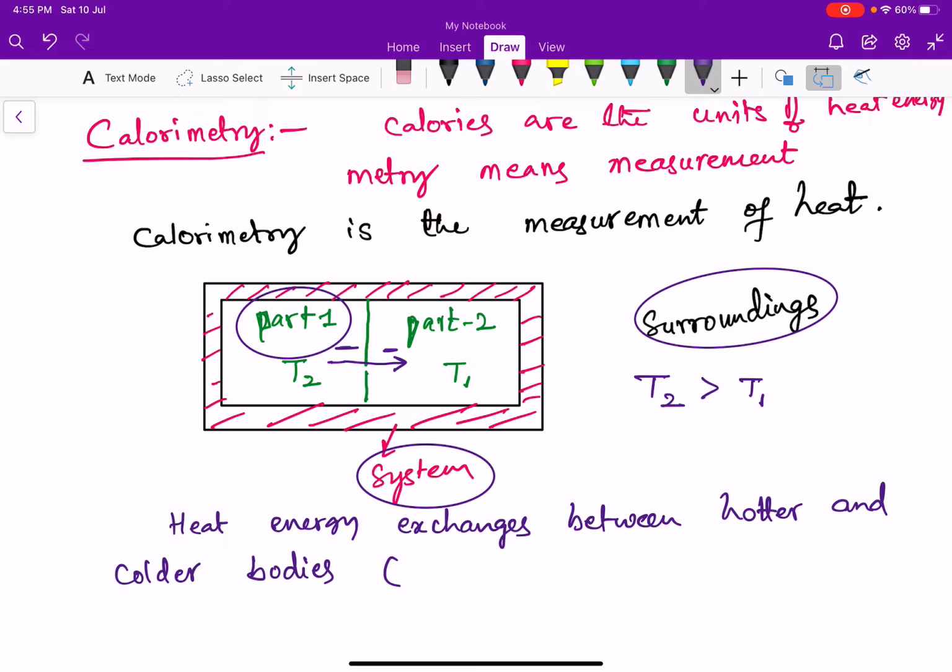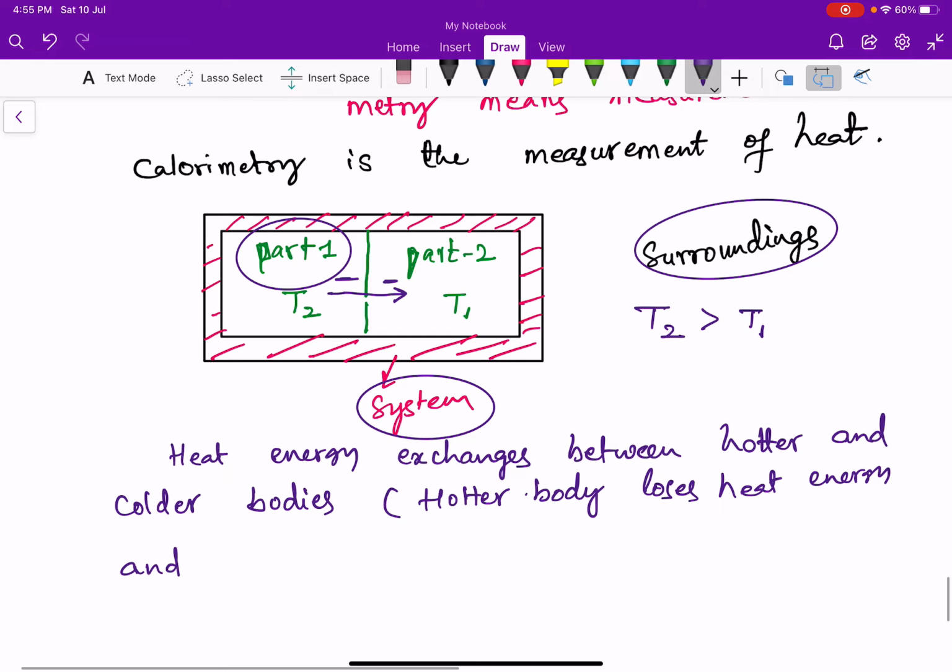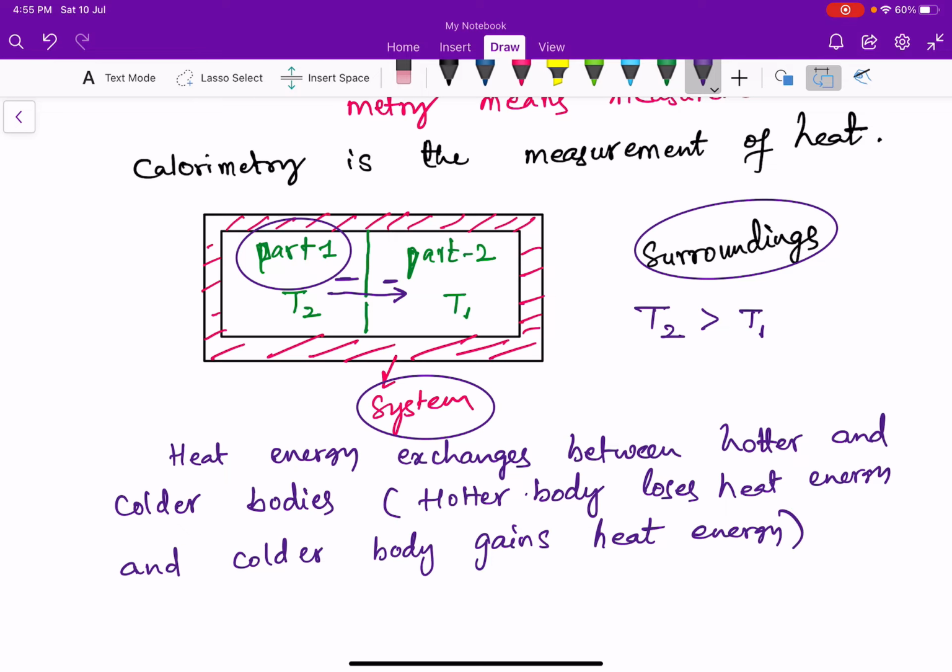That means the hotter body loses heat energy, and the colder body gains heat energy. This will take place until both acquire the same temperature, until both acquire thermal equilibrium. So in this case, no exchange of heat energy between system and surroundings.